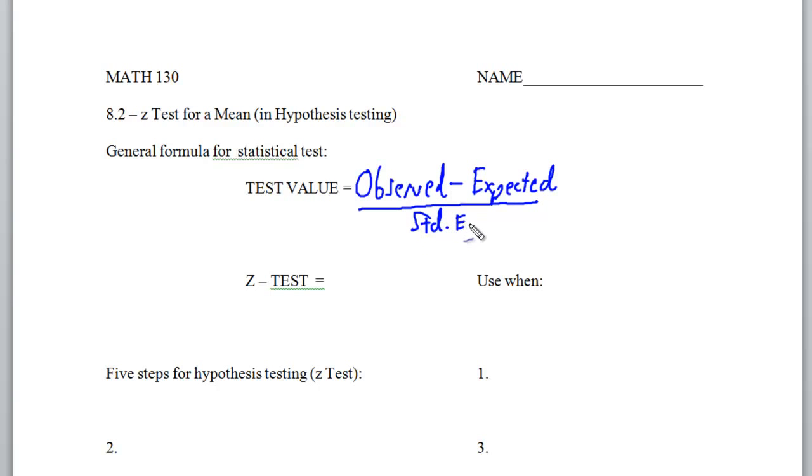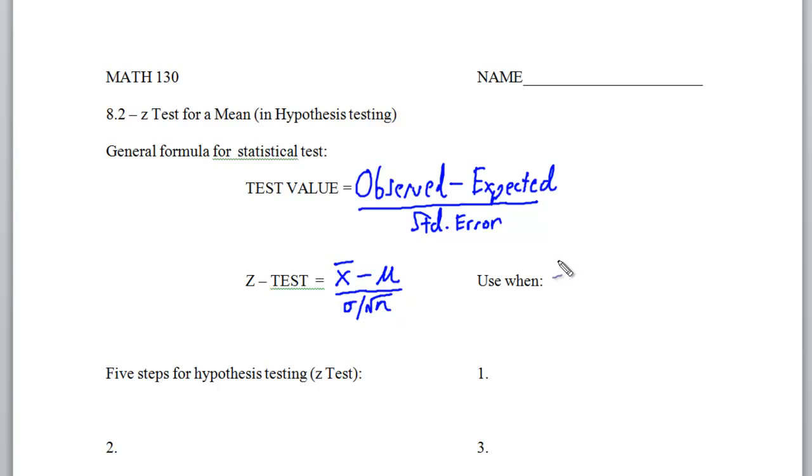When we look at a group that's 30 or more, or if it's less than 30 but normally distributed, we will use this z-test: our observed average minus our expected average, which is mu, divided by the standard error, the standard deviation divided by the square root of our sample size.